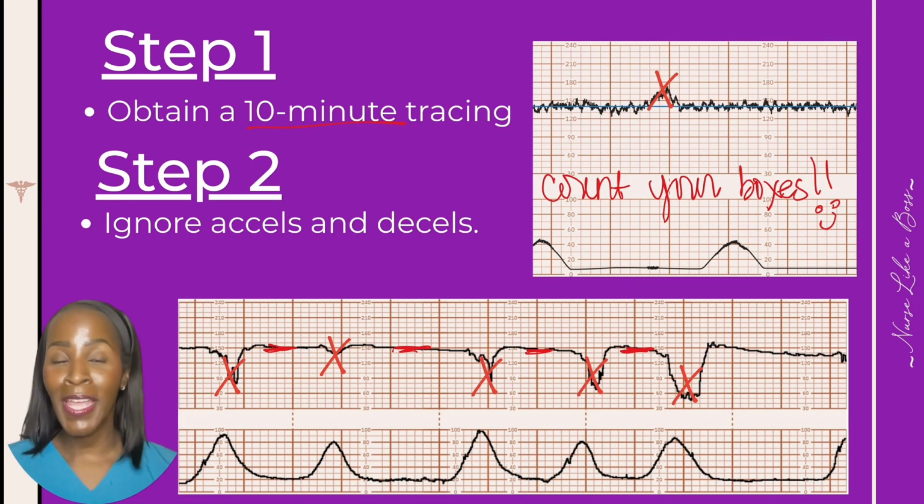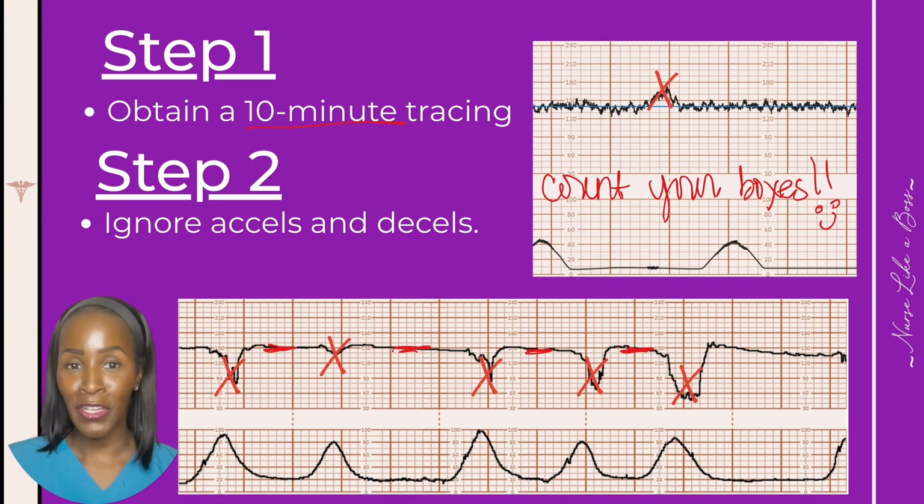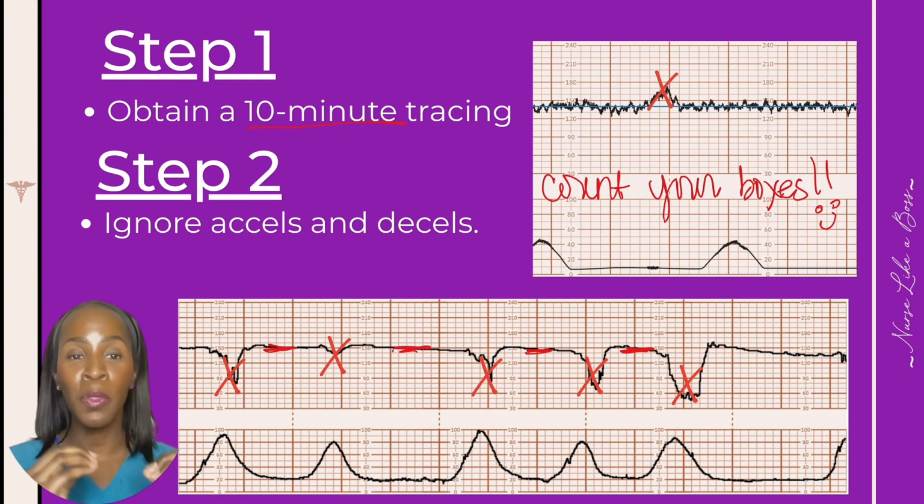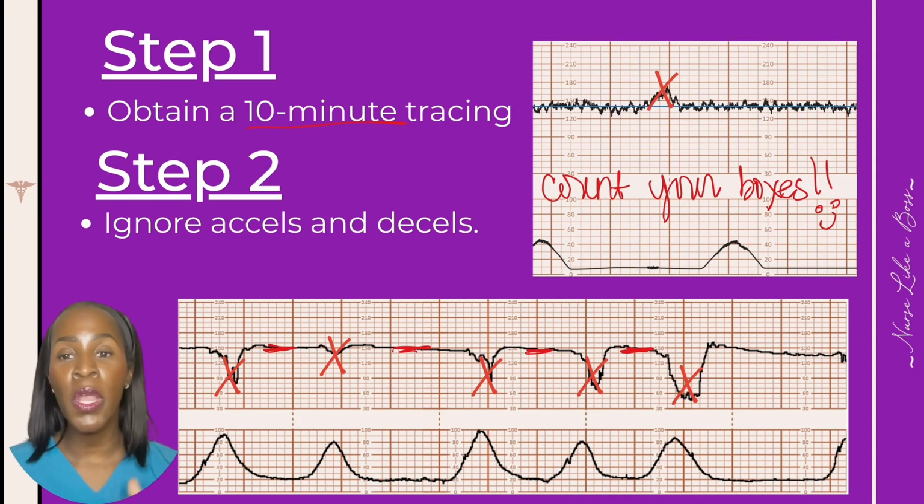We are going to go ahead and walk through these tracings together. Step 1, we are obtaining that 10-minute tracing. I don't have one, but we are going to pretend that we do, okay? So you want to count your boxes to identify your 10-minute tracing, all right? Step 2, we are going to ignore any accelerations and any decelerations.